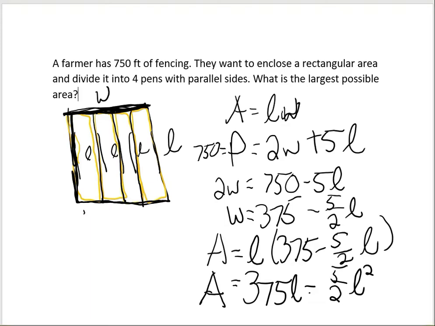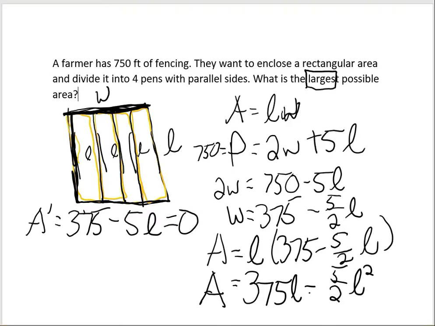Now we want to maximize it, largest possible area. So the first derivative test says we want to find the first derivative, which is 375 minus 5L using the power rule. We want to find its critical numbers. Well, that's defined everywhere, so we solve that equal to 0.